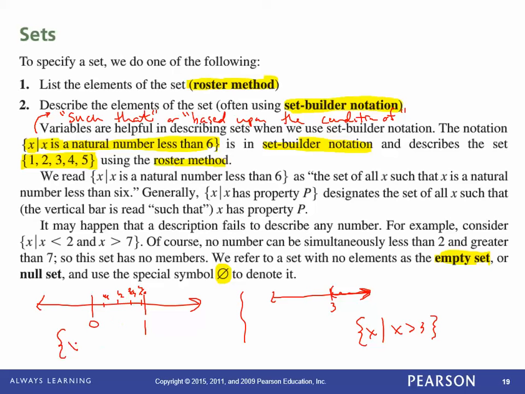Ooh, that's a tough one here. Set builder X such that, and then what would be the condition? What would be the condition so that you get all the fractions between 0 and 1? So think on that. Sometimes they'll throw out these little trivia questions for you, just to say, hey, do you know it? What condition would you make? And this is a trivia question here, so think about it during the weekend.